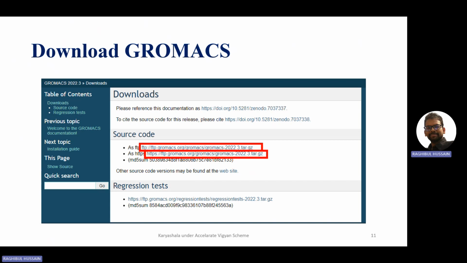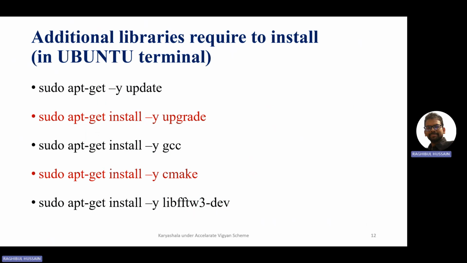You can download the tar files or the compressed files. After that, there are some commands specifically for Ubuntu or CentOS type Linux terminals, where you install one by one the libraries that will support GROMACS.